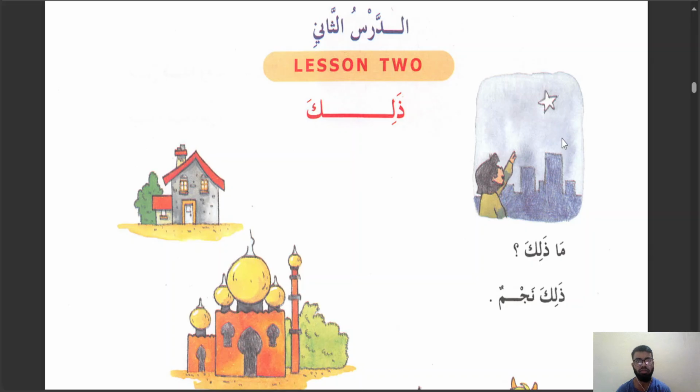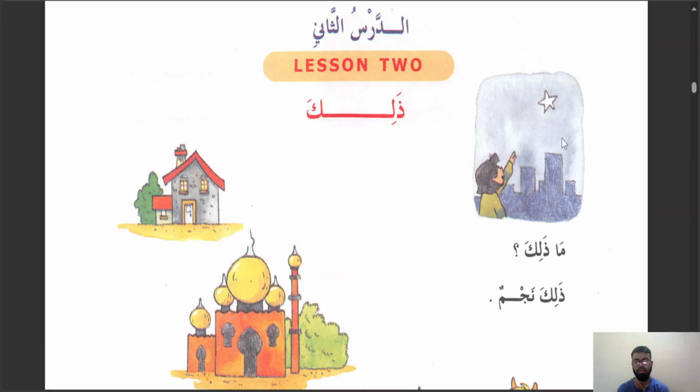So the lesson is about Dhalika. Previously we studied Haza. Now we are going to study about Dhalika. So what is this Dhalika? Dhalika is used as a small ishara, a demonstrative noun for pointing out things.